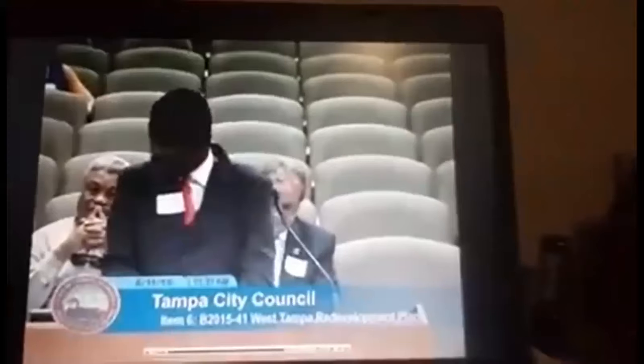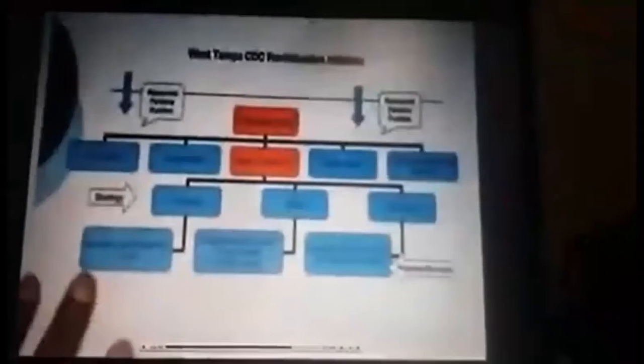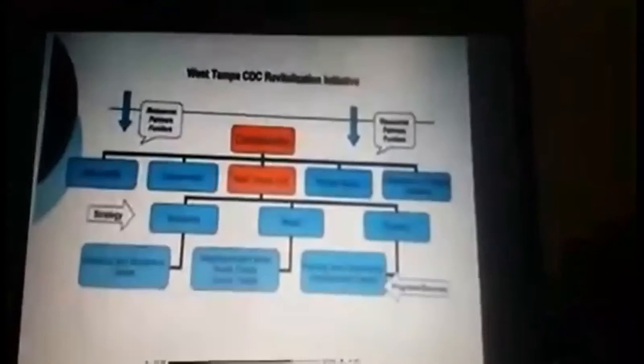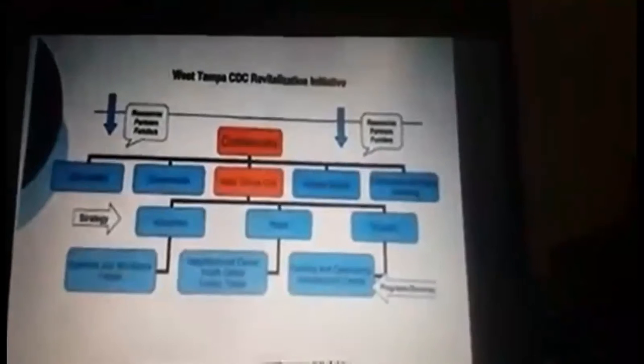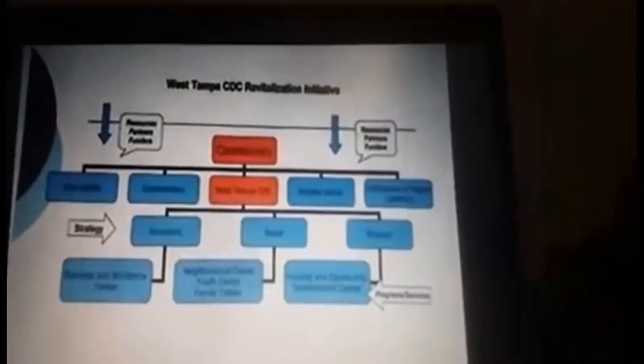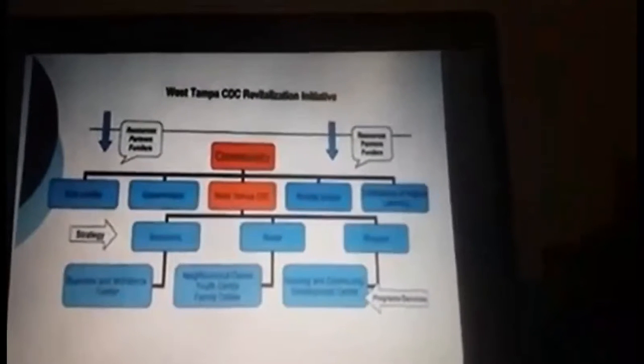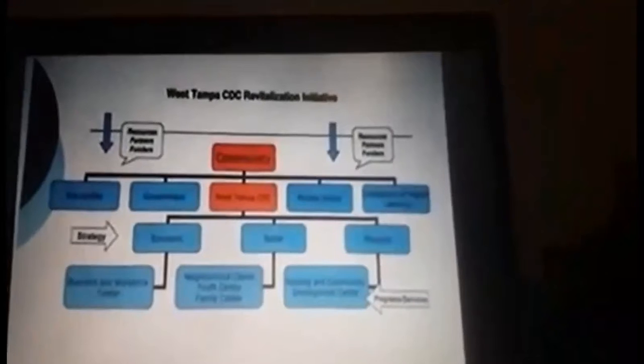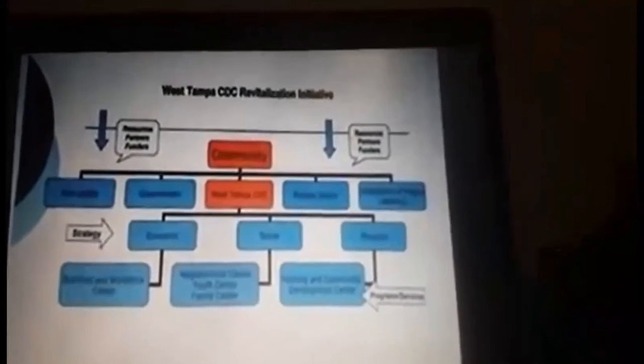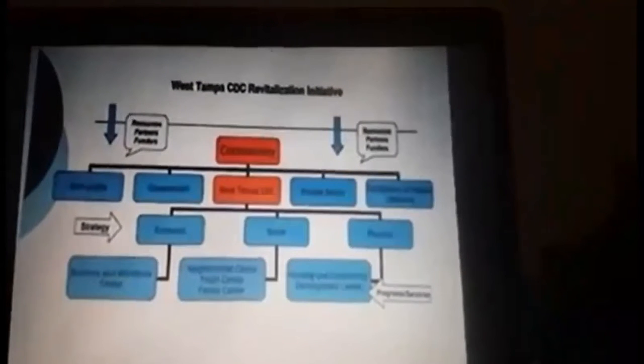I do want to add one other item here that shows how it looks after we talked about the strategic plan. And as you see, the community leads the process. The CDC works for the community. The different partners that we talk about bringing on board are nonprofit, government, the private sector, and institutions of higher learning.